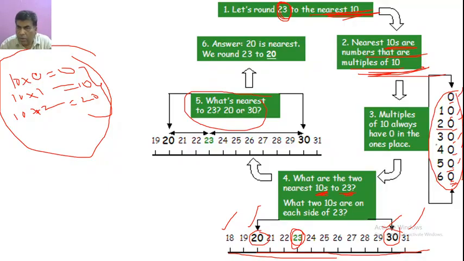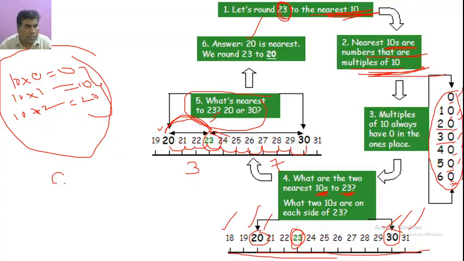The answer may be 20 or it may be 30. But 23 is nearer to what? 1, 2, 3: 3 places. Here 1, 2, 3, 4, 5, 6, 7: 7 places. So 23 is nearer to 20. So the answer is 20 is the nearest 10.